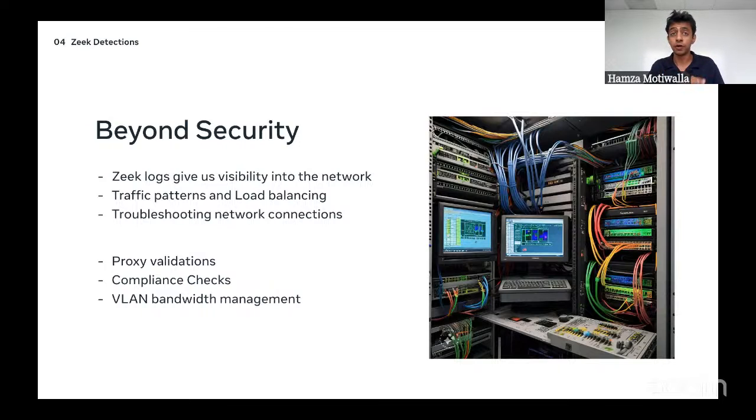Most recently, we've also had this data set been used for proxy validations, that for all the endpoints that we have in this given network segment, are they using the proxy that they're supposed to? If they're not, then these logs, the NSM logs, give us the insight that, hey, the proxy has not been set up correctly. We also had some compliance checks.